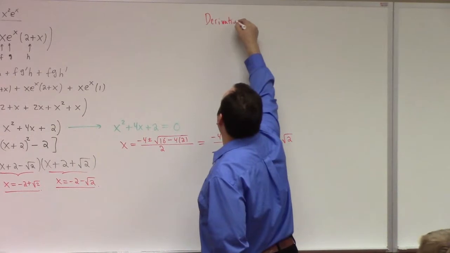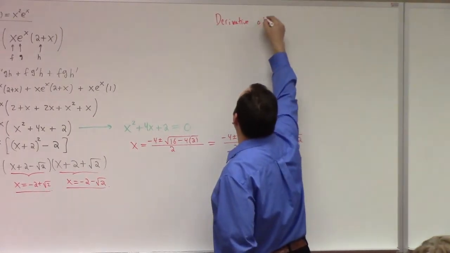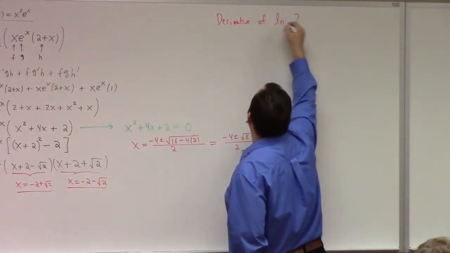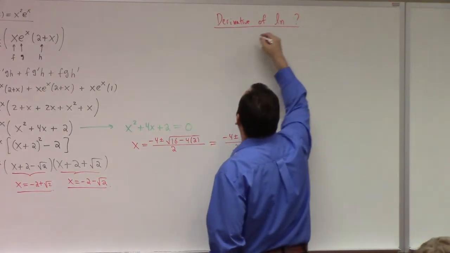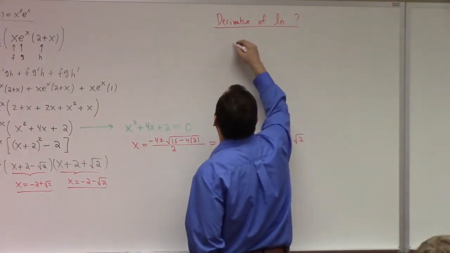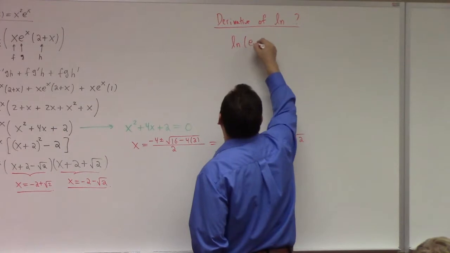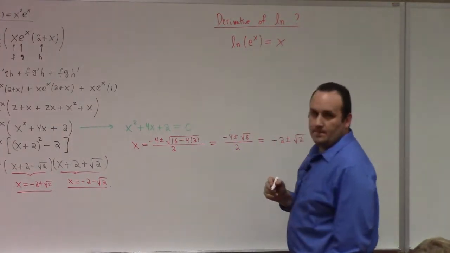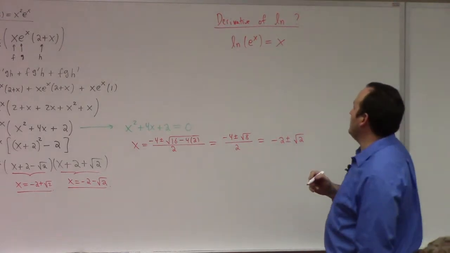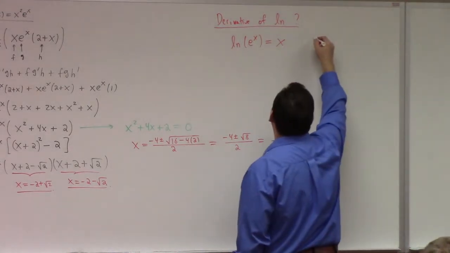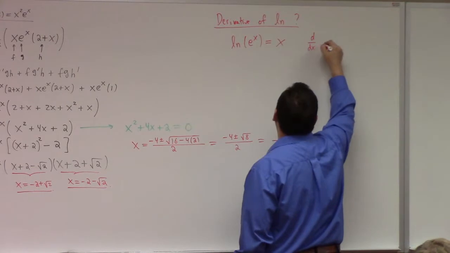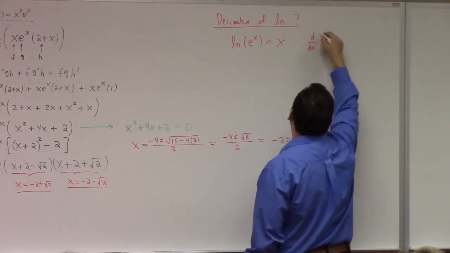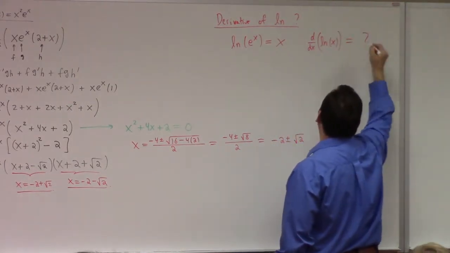So what I'd like to talk about now is the derivative of the natural log. What's the fundamental relation? It's natural log of e to the x is equal to x, right? That's one thing we know. But what we really want to know is the derivative with respect to x of the natural log of x is equal to what?